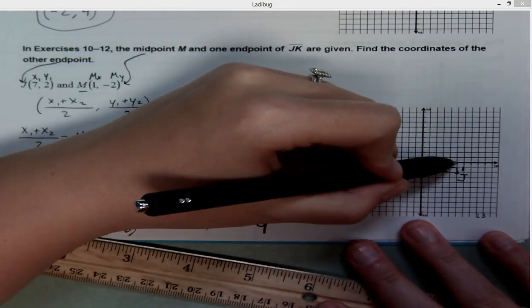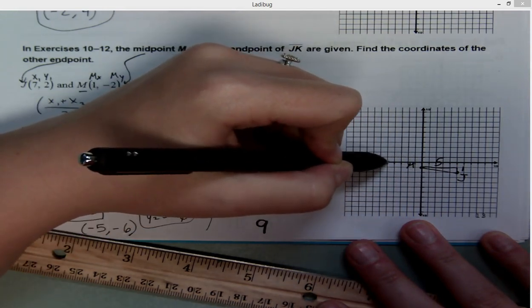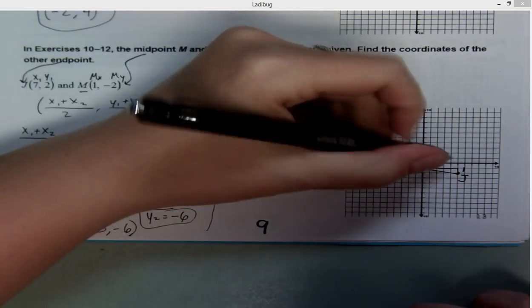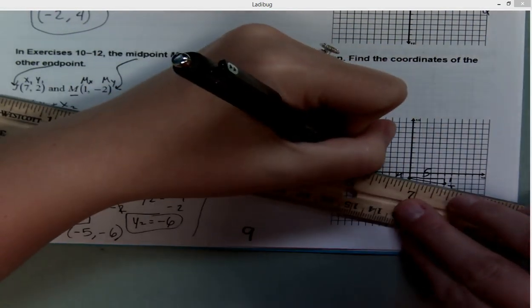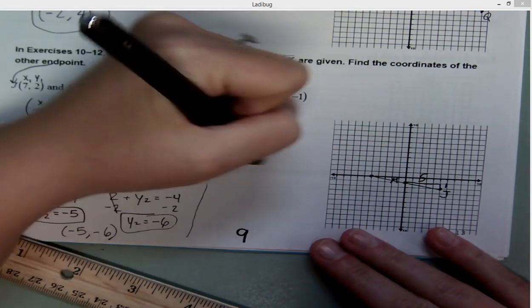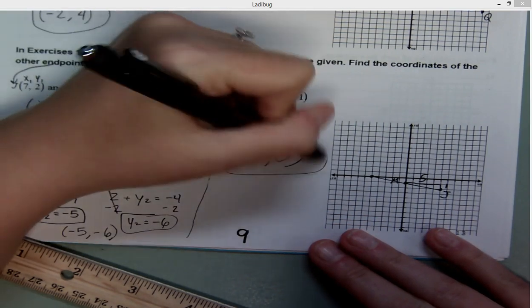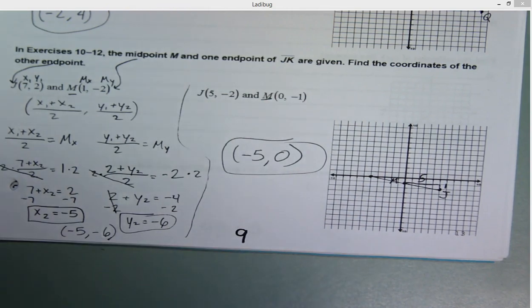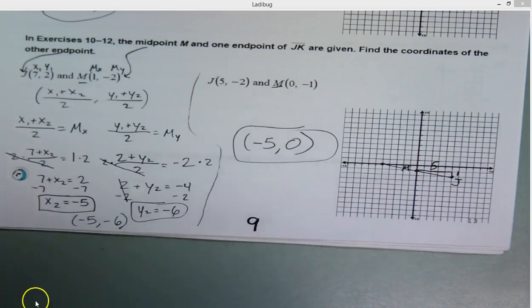So we want to go up 2 and over 10. Or you could always just go up 1 and over 5 again, starting at your midpoint. And then this would be our new endpoint, -5, 0. And that's your answer. So you can do it either way, it's up to you. But that is the end of this section.